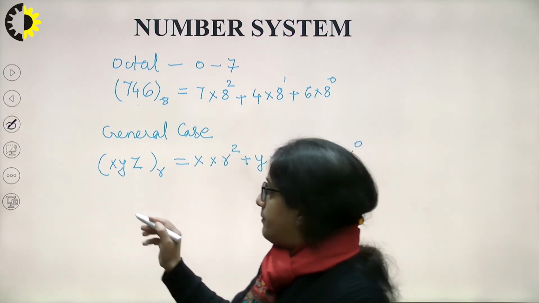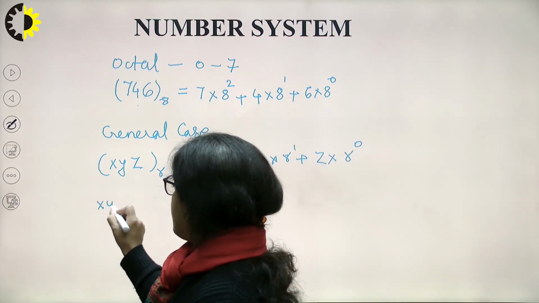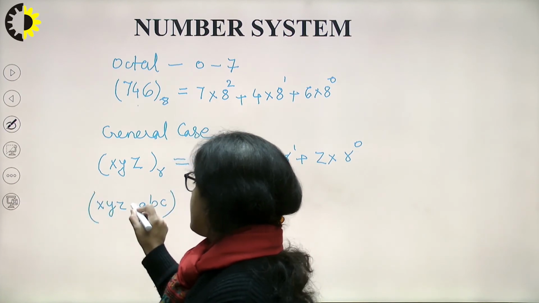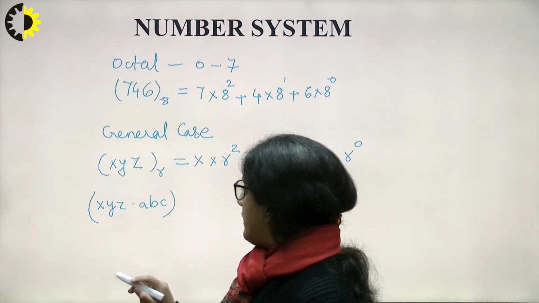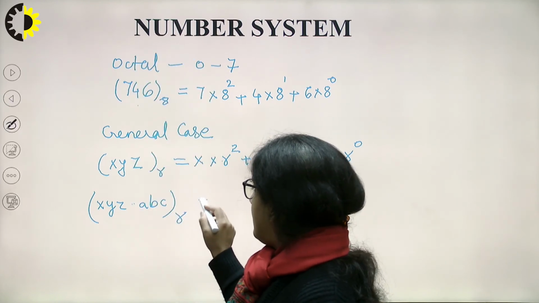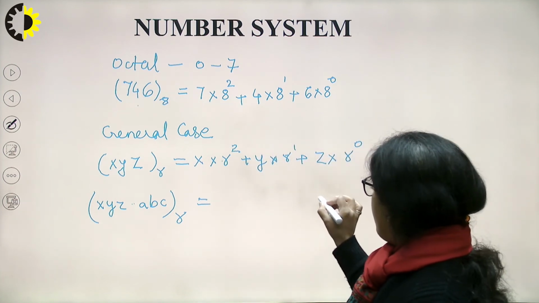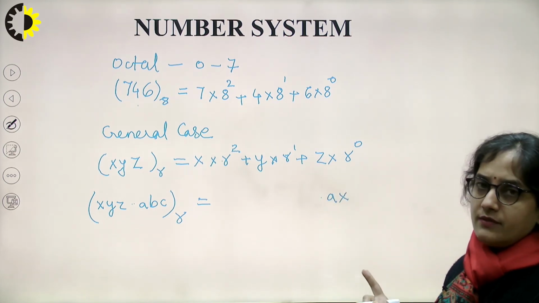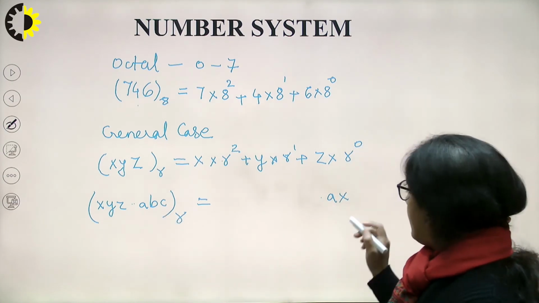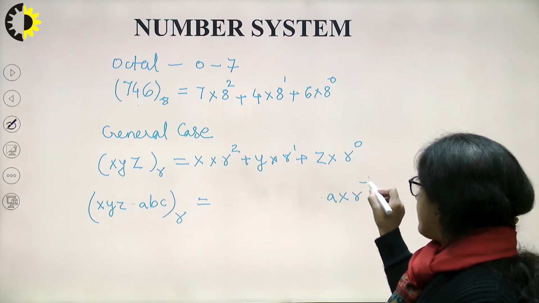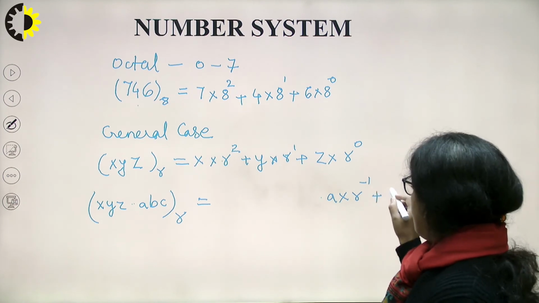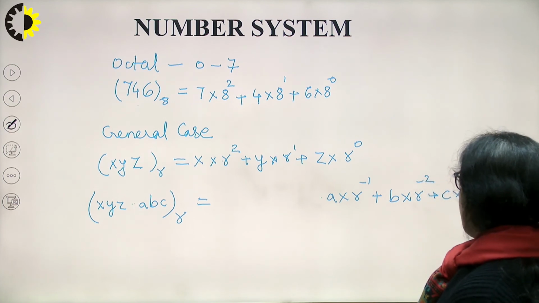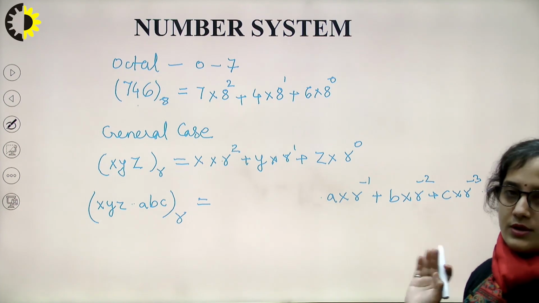When we have a number with a decimal point like x, y, z dot a, b, c, this is my number, then after the decimal point, for the fractional part, we will have the conversion as a into r to the power minus 1, plus b into r to the power minus 2, plus c into r to the power minus 3, and so on if the digits are more.